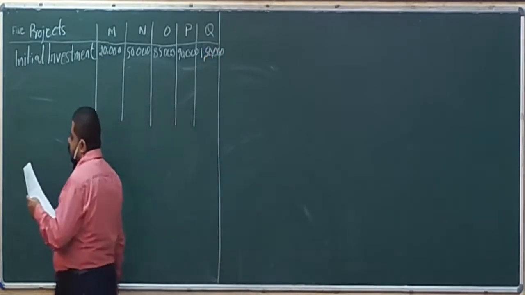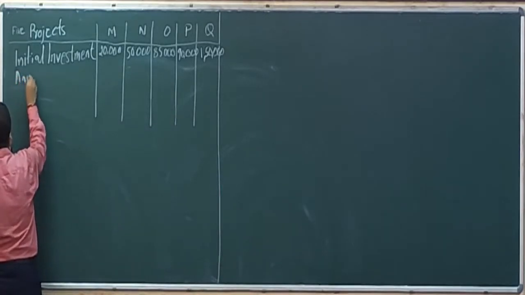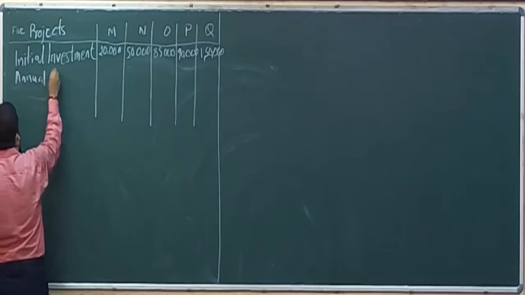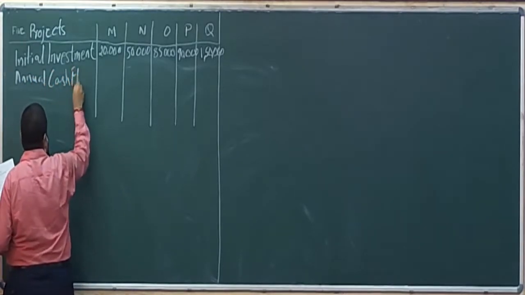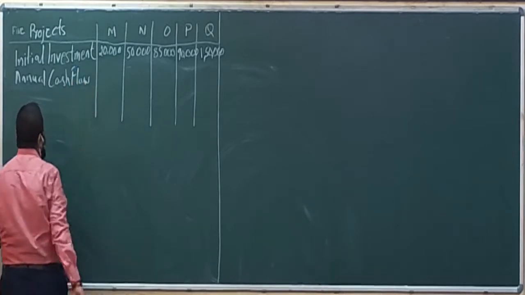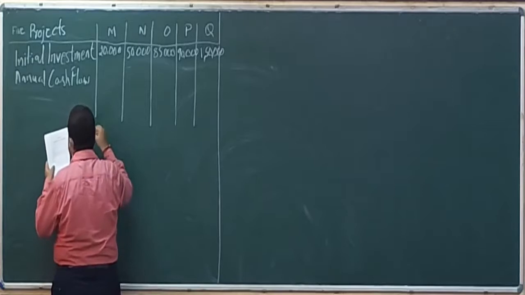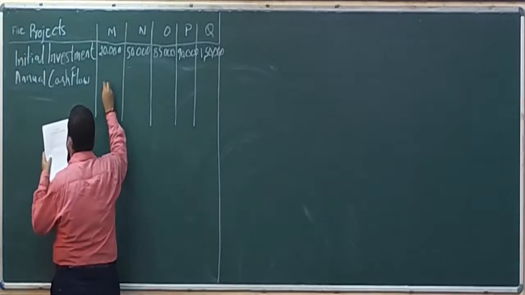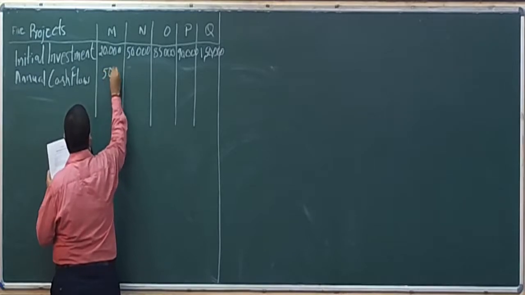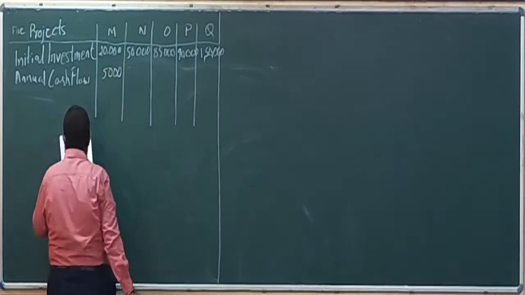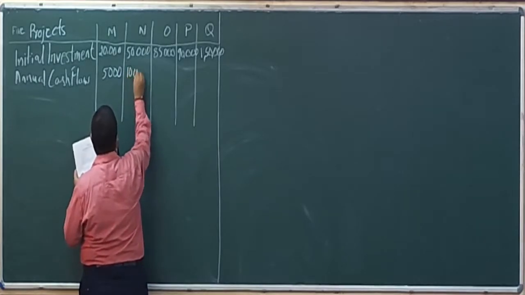Next, the annual cash flow of these projects: for project M, annual cash flow is 5,000, and for project N it is 10,000.